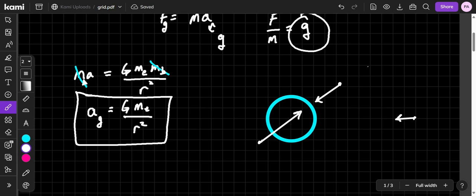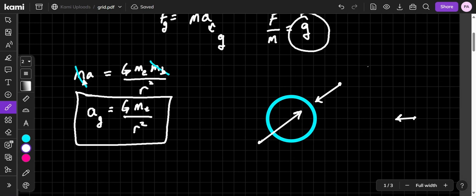What we are finding here is that no matter where we are around the planet, we can draw an arrow that would represent our acceleration towards the center of the planet all the way around. Okay, those arrows that we find are called a field.